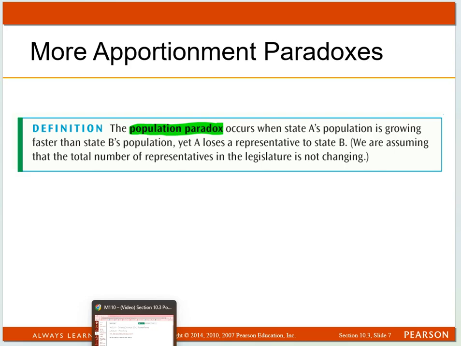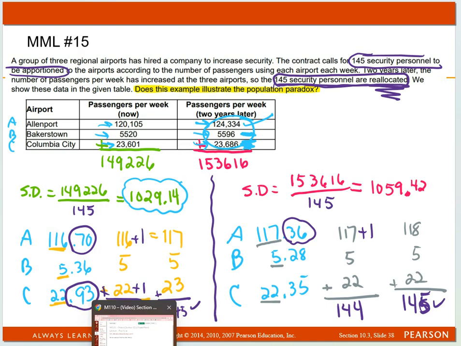So let's go back down here and look at what we had. Allenport went from 120,000 to 124,000. Bakerstown increased, and so all three of them increased.